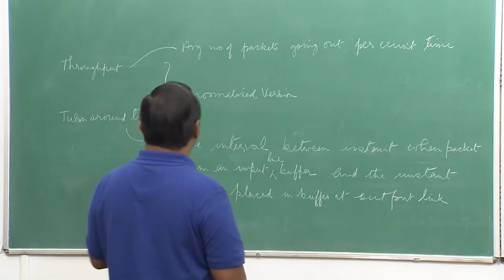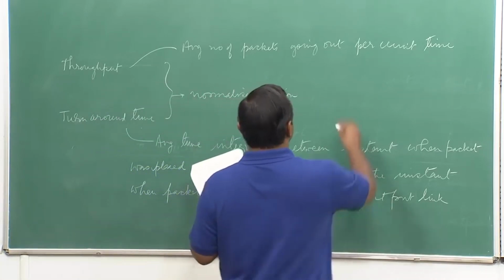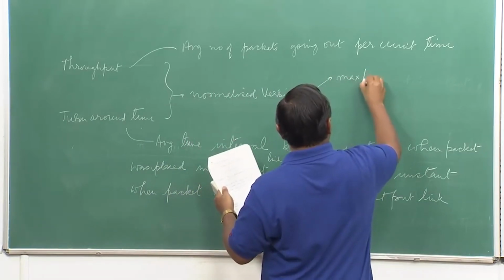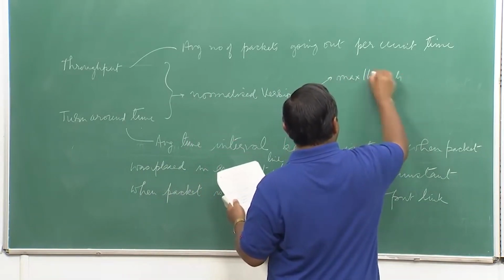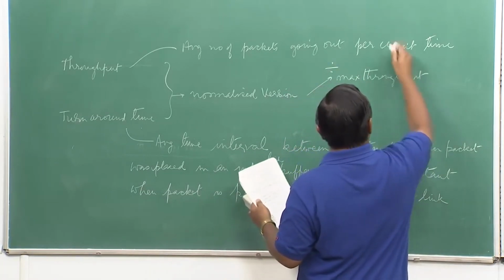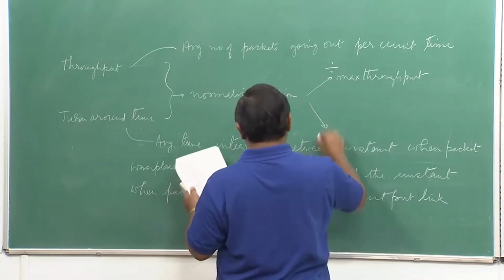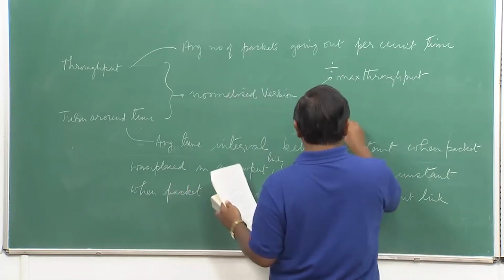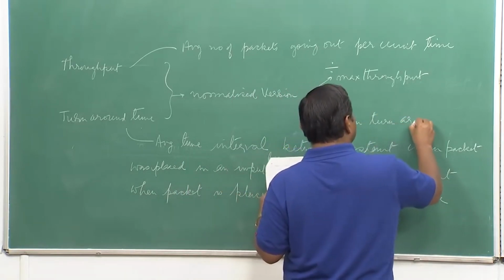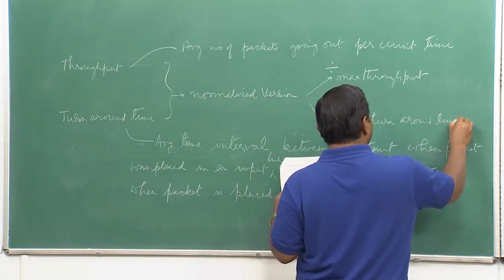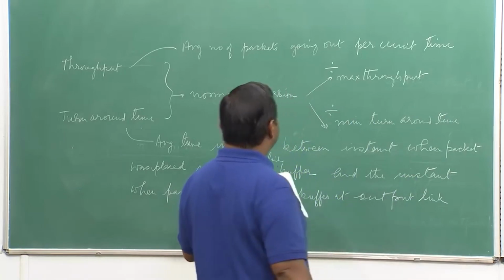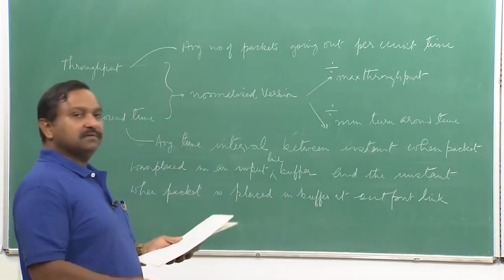And we can create the normalized versions. For the normalized version, the throughput will be divided by the maximum throughput which is possible. For the turnaround time, you find the minimum turnaround time which is possible and divide by that, which is min d actually, and that will give you the normalized versions of these two metrics.